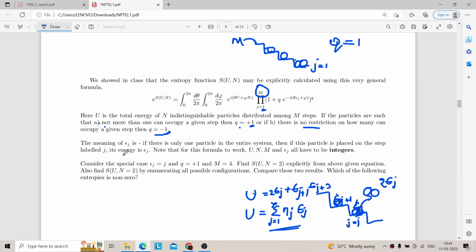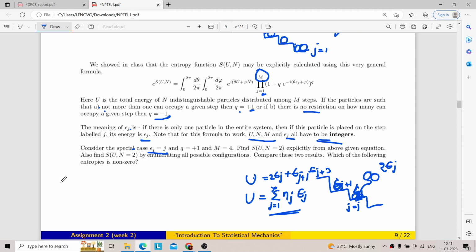So in our question, it is clearly saying that the jth stair has energy Ej, and note that this formula works only when u, m and epsilon j are all integers, and for our case this Ej is j.